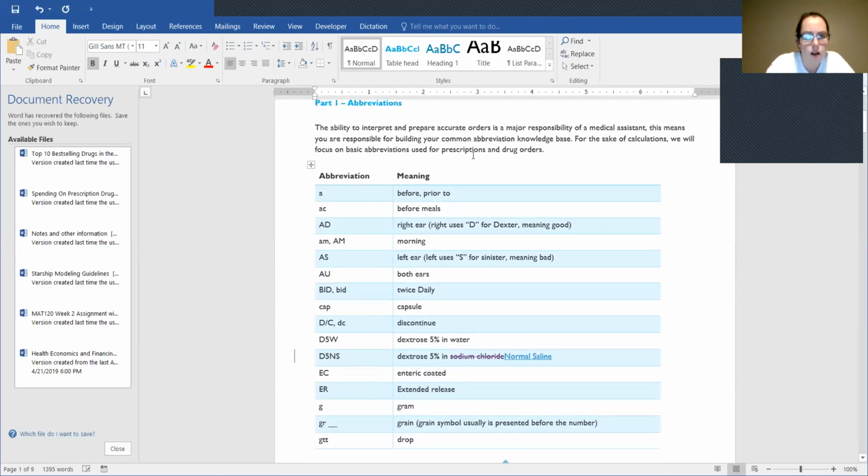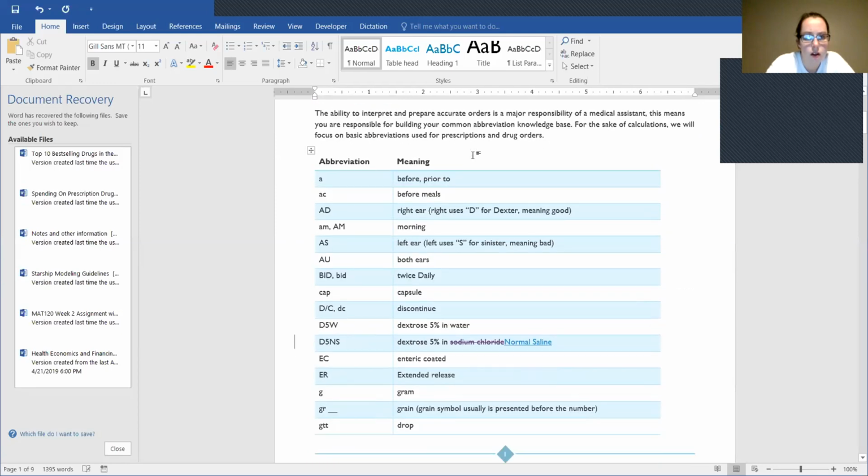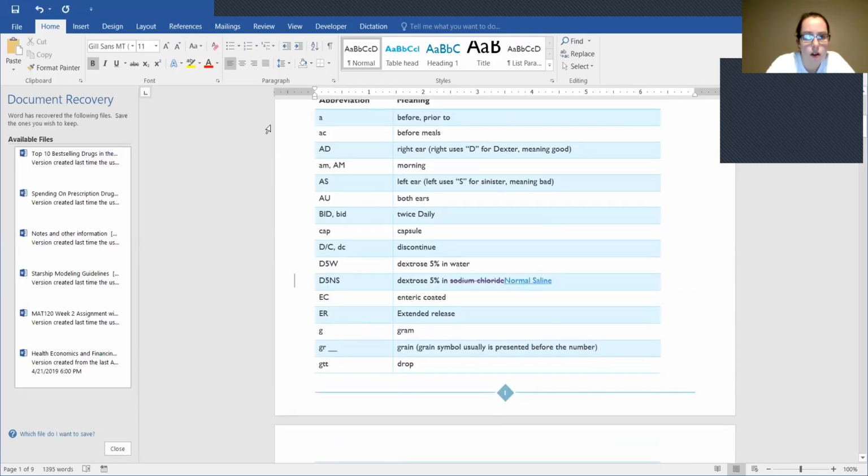We'll just do a quick review of some of the abbreviations that you've already studied. It's in alphabetical order. It is not complete. There are thousands of these things, as you probably remember. But these are important ones. If the physician writes AC on a prescription, that means it's to be taken before meals. If it is critical that it be taken a certain amount of time before meals, that should be specified.